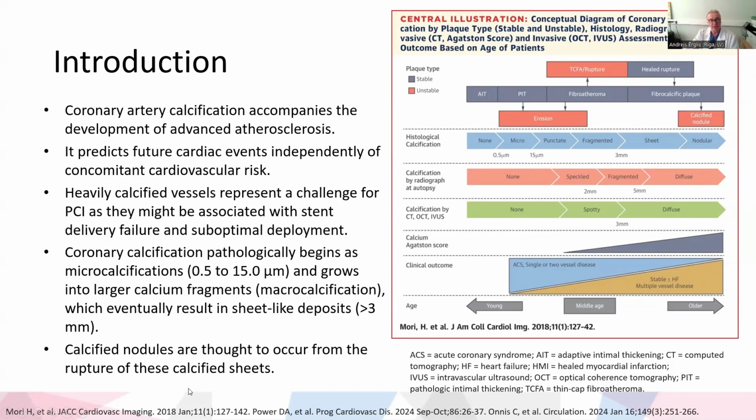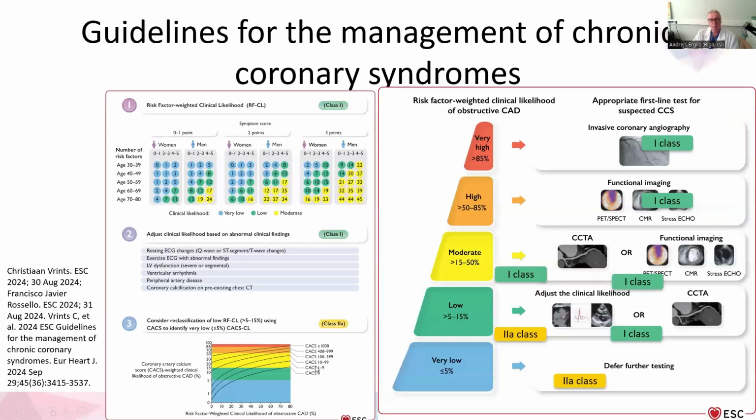In the end, calcified nodules occur from the rupture of these calcified sheets.